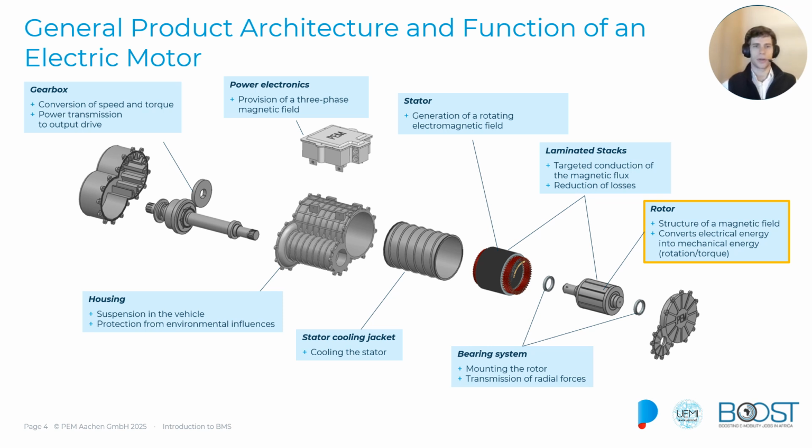Within the electric motor, we have a static, non-movable part, the stator, and a rotational part, the rotor. In the previous module, we dealt with the stator and its production process. This time we focus on the rotor, and again mainly on the production process.